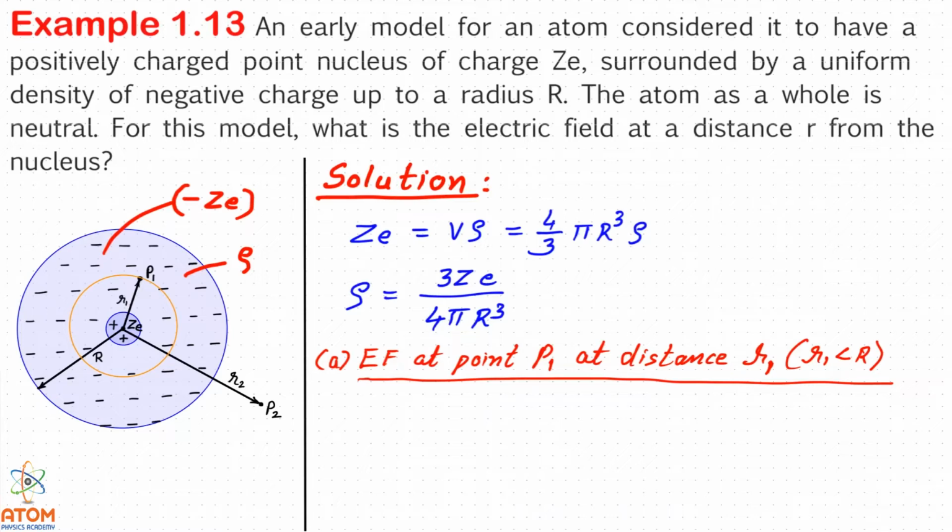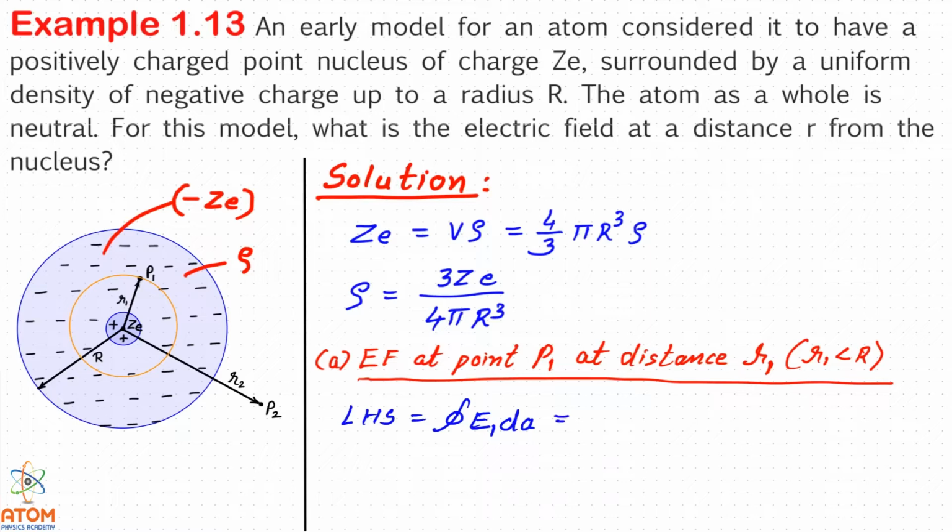Now, because this is concentric with the nucleus, the electric field on the whole Gaussian surface will be the same in magnitude. Now the left hand side of the Gaussian equation is closed integration E dA. I'll put here E1 dA. Here I am not taking the vector form because vector form will just give us the direction of electric field.